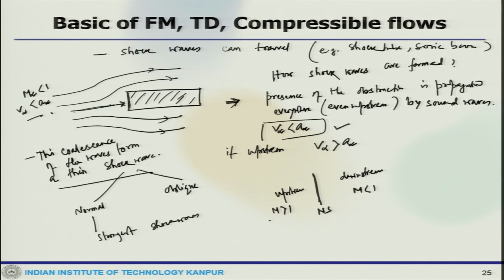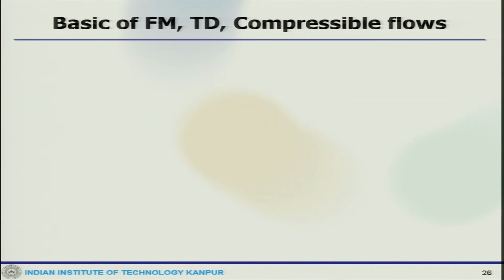So, the upstream flow does not know about the presence of the shock wave, hence the flow properties have to change abruptly across this shock wave to adjust this variation between upstream and downstream. So, this is what a shock wave is all about, and how a shock wave is formed.